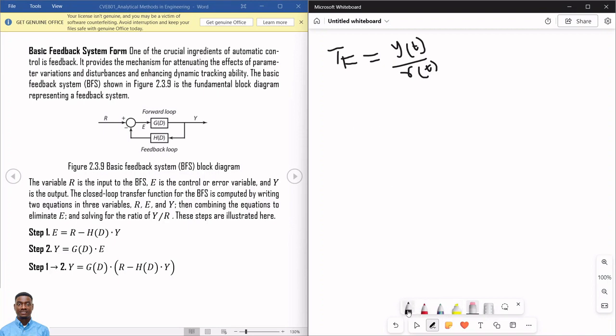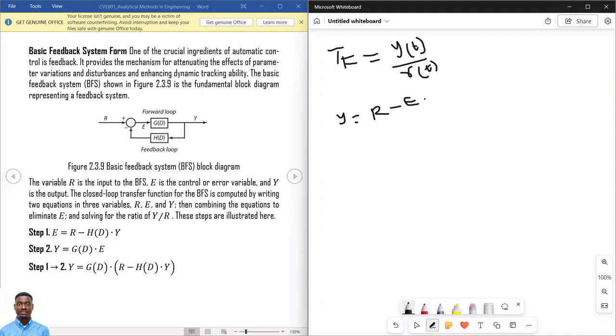So Y, which is the output here, Y equals R minus E. So E also runs into this block.